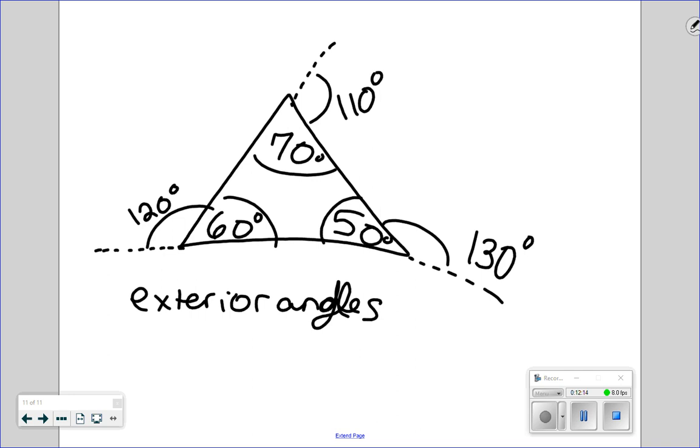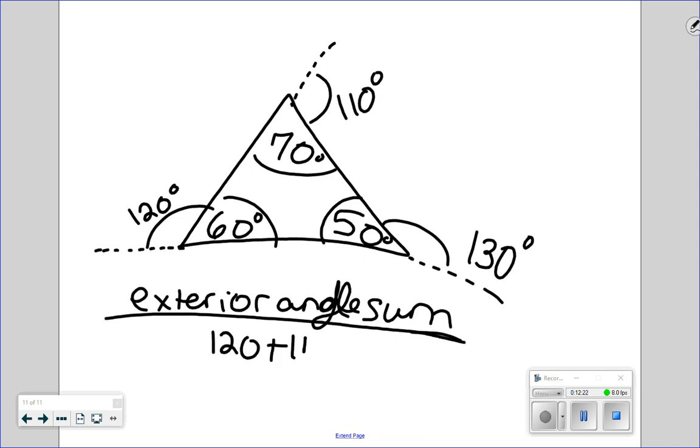So if I wanted to know the exterior angle sum, I would add up those exterior angles. 120 plus 110 plus 130 gives me 360 degrees. So the exterior angle sum of this triangle is 360 degrees.